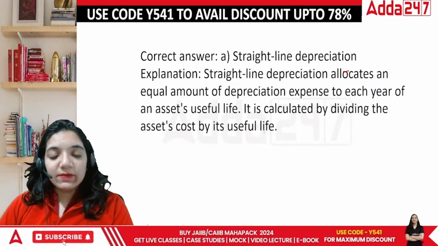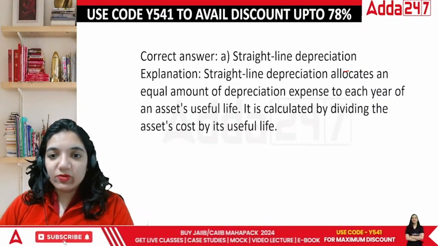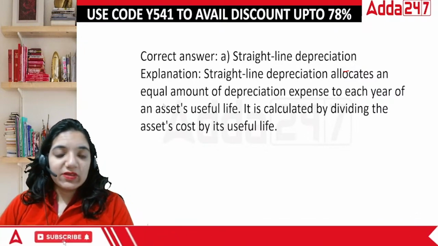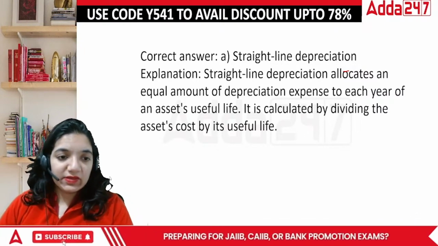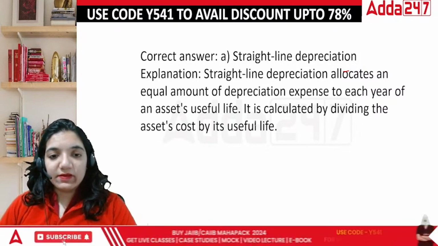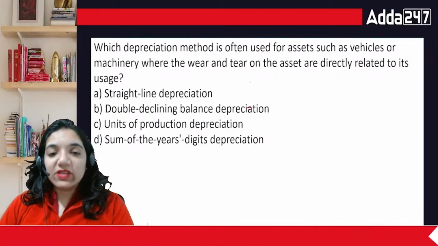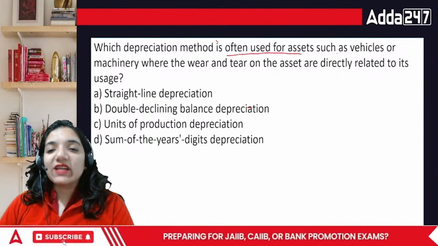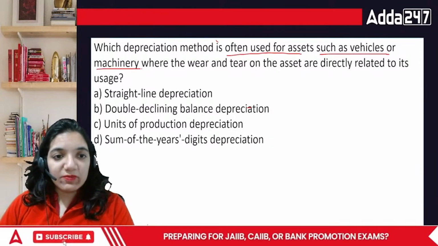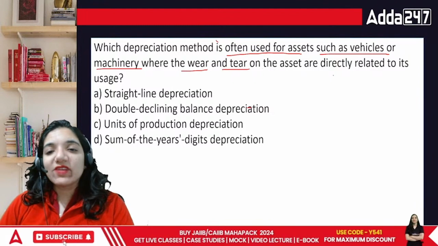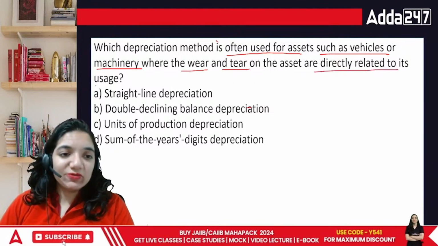Right? Okay. Now let's move on to the next question. Which depreciation method is often used for assets such as vehicles or machinery where wear and tear of the assets are directly related to the usage?